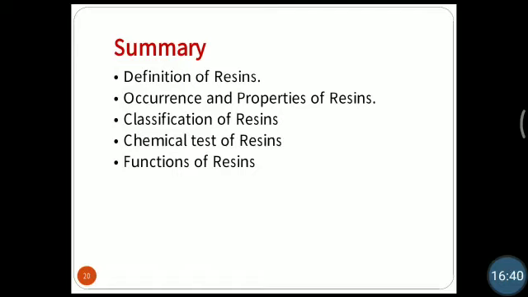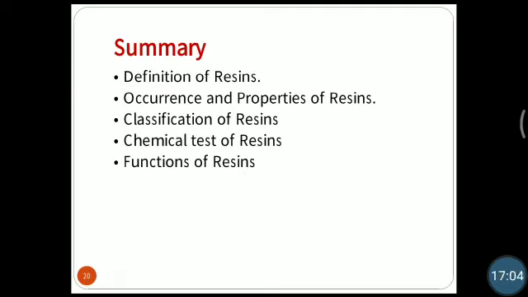Let's summarize what we have discussed. We have discussed what resins are, occurrence, where it is found, and then properties. We have discussed physical and chemical properties of resin. Then the next important point we have discussed is classification of resin.